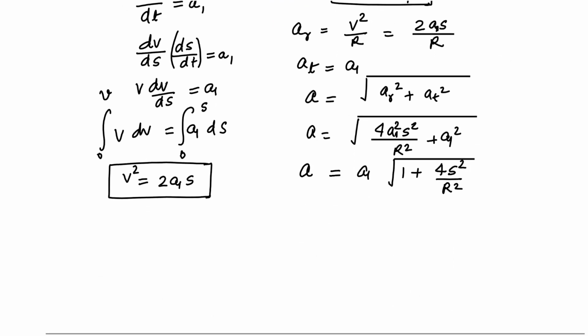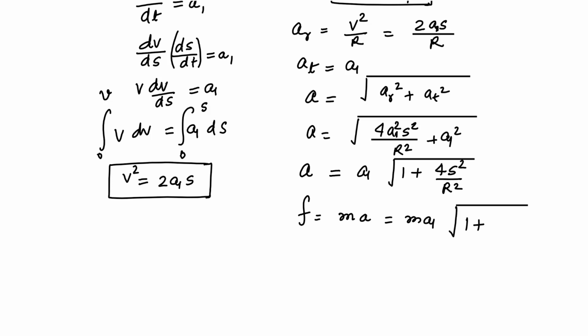So what is the friction force required to have this motion? Mass times acceleration, that is m a1 times the square root of 1 plus 4s square divided by r square. This much friction force is required to have this motion. And from where will this force come?